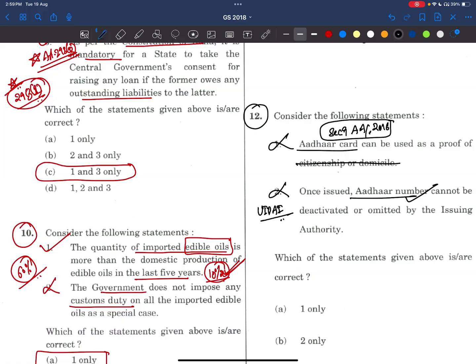We need to read about Aadhaar and UIDAI, and recent developments. We are linking everything with Aadhaar now: ration cards, voter ID cards, banks, PAN cards. So recent developments regarding Aadhaar are also important to read. I'll try to make notes, and you also try to read about Aadhaar in these dimensions.